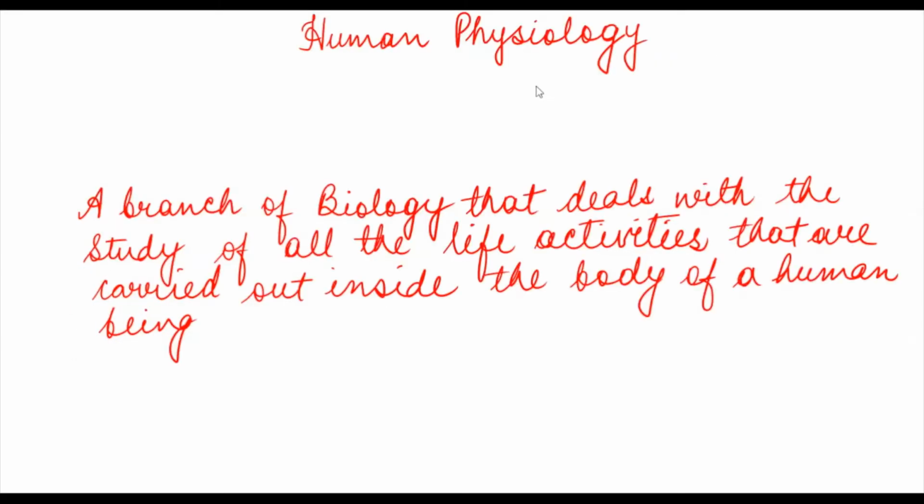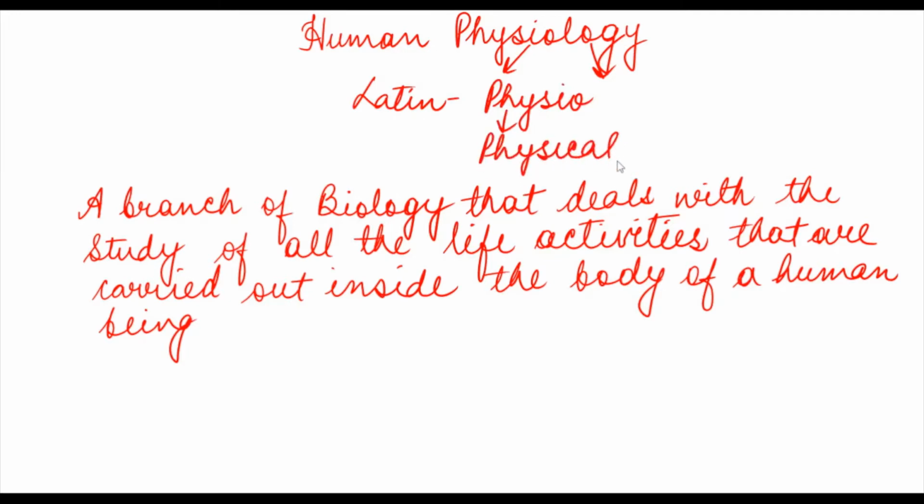Let us first understand what human physiology is. Children, if we see etymologically, then the word physiology is composed of two root words. First is a Latin word, physio, okay? And physio means physical.